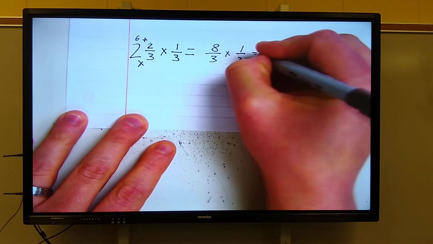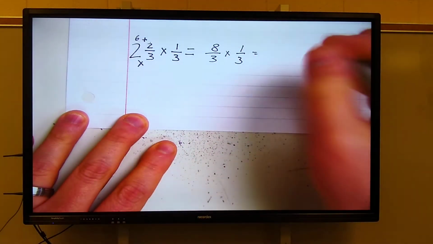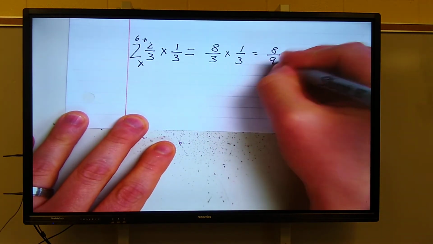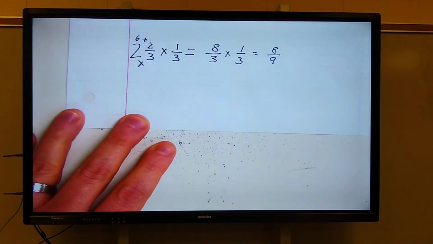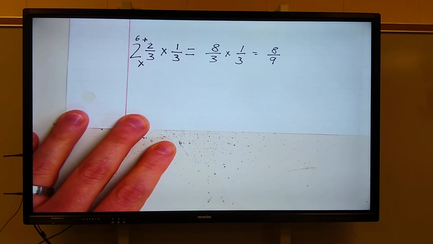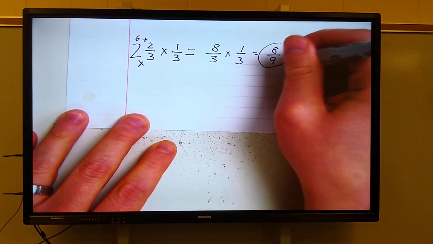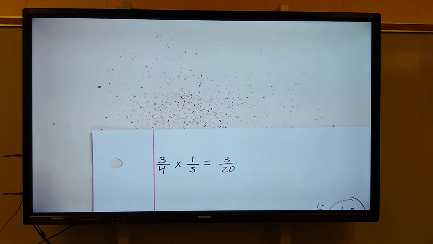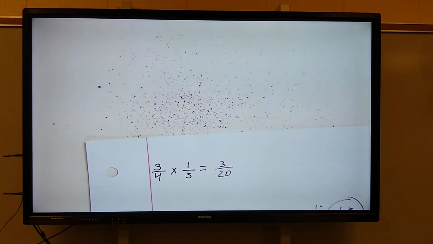And then you just multiply by 1/3, the other fraction. 8 times 1 is 8. 3 times 3 is 9. Is that an improper fraction? No. Is that in simplest form? Yes. 8/9 is your answer.